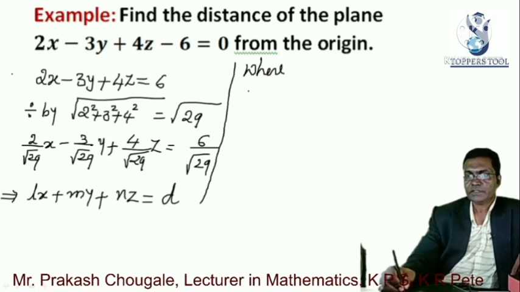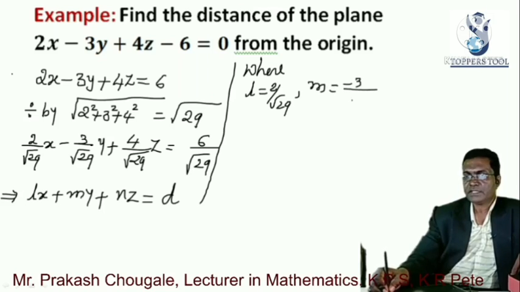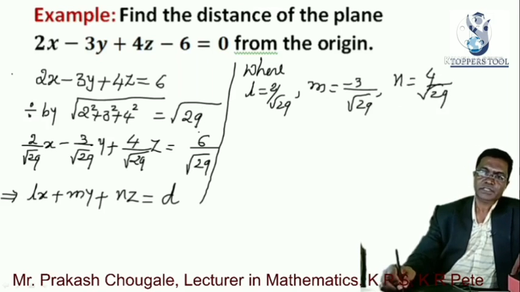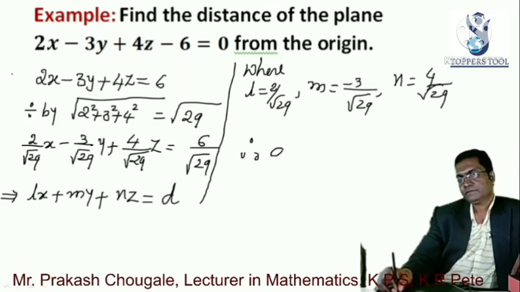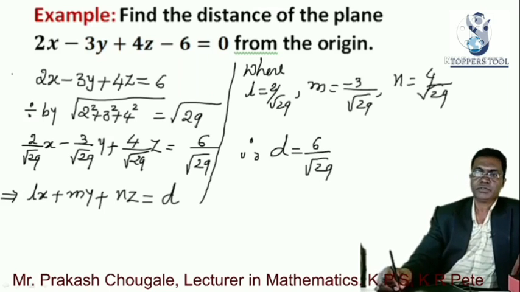Here L stands for 2 by root 29, M stands for minus 3 by root 29, and N stands for 4 by root 29. Therefore, D is 6 by root 29.